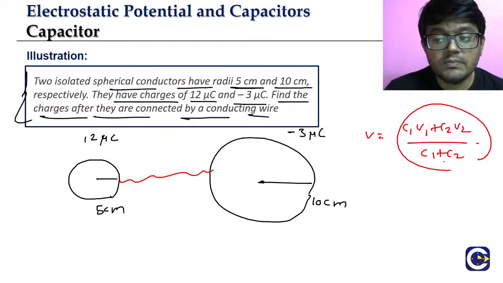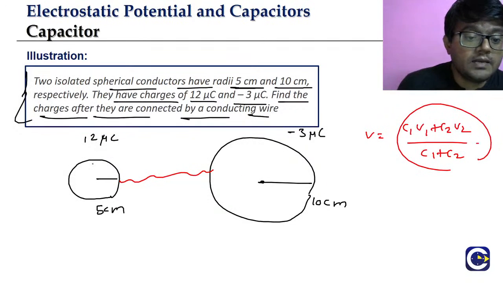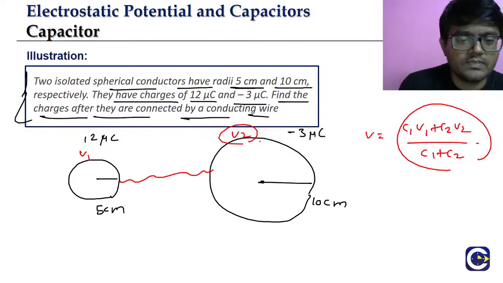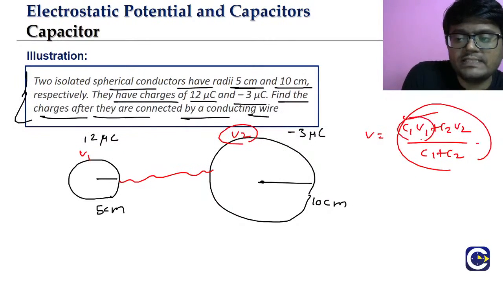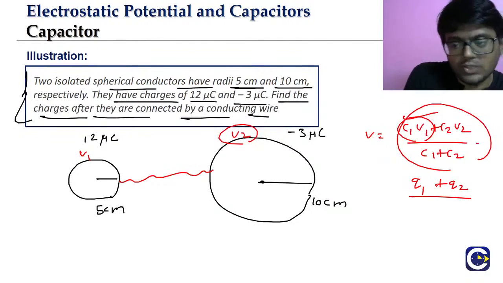Final common potential is C1 V1 plus C2 V2 divided by C1 plus C2. But here we don't know the initial potentials, the values of V1 and V2. But if you observe this formula, what is C1 V1? It is the initial charge on the first conductor, Q1. C2 V2 means the initial charge on the second conductor, Q2.